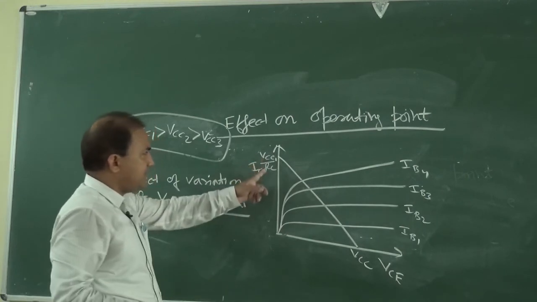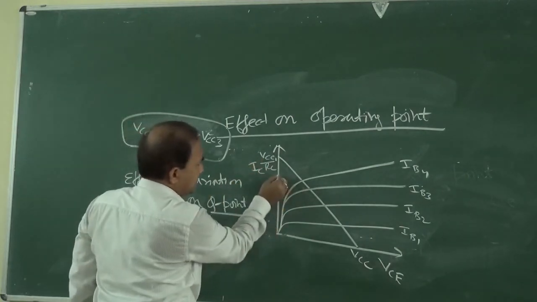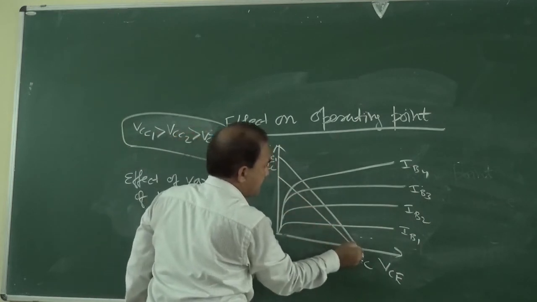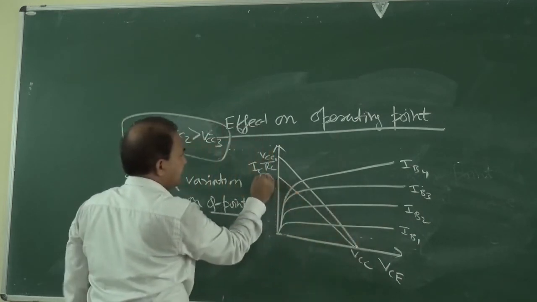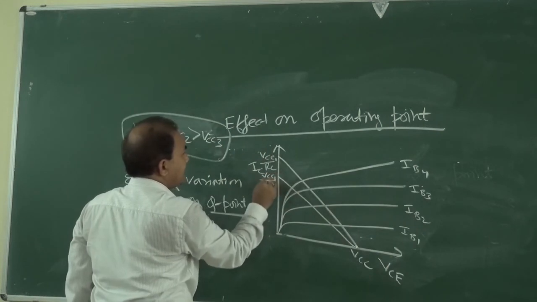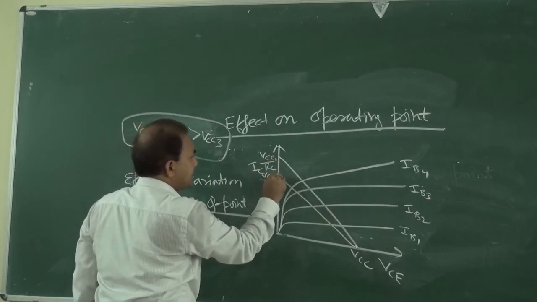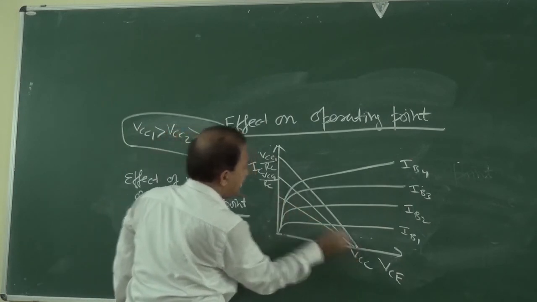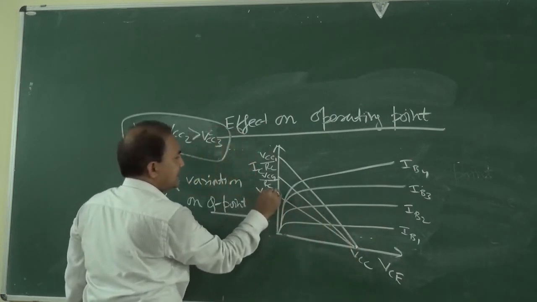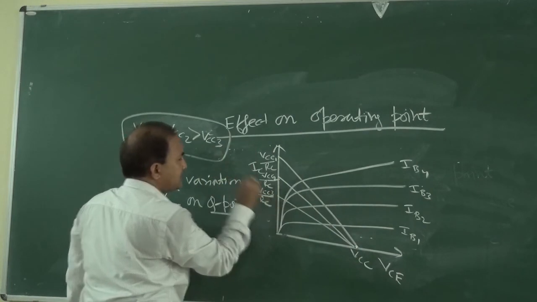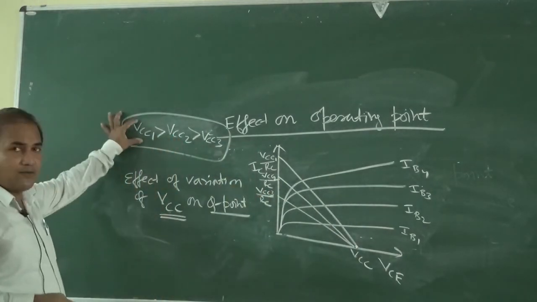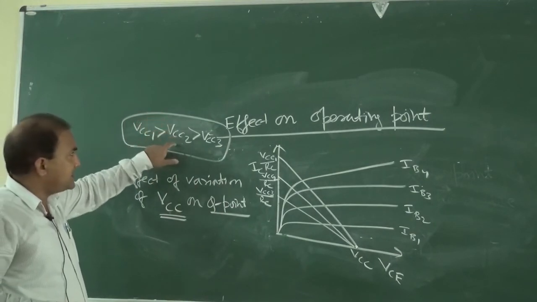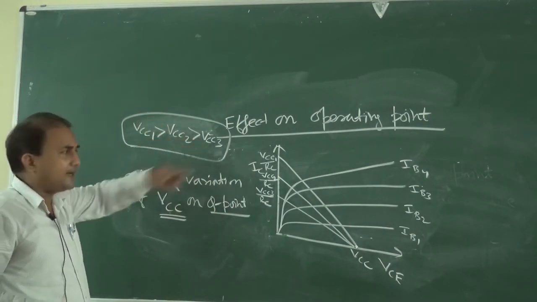So this is VCC1 divided by RC. Then the second line will be like this, from the same VCC point, VCC2 divided by RC. Then the third line will be VCC3 divided by RC, where VCC1 is more than VCC2 and VCC2 is more than VCC3.